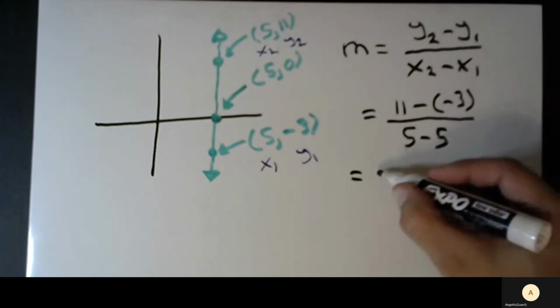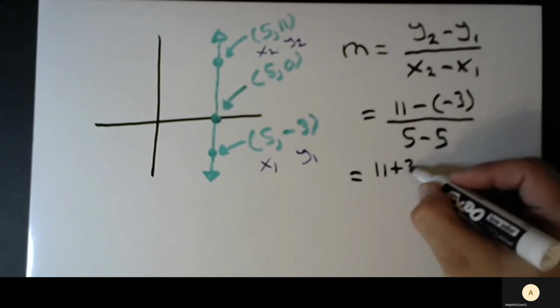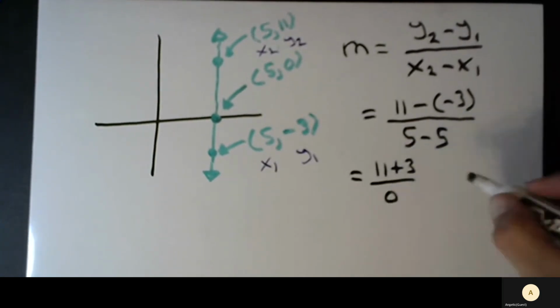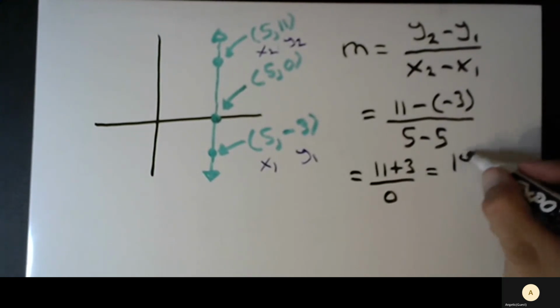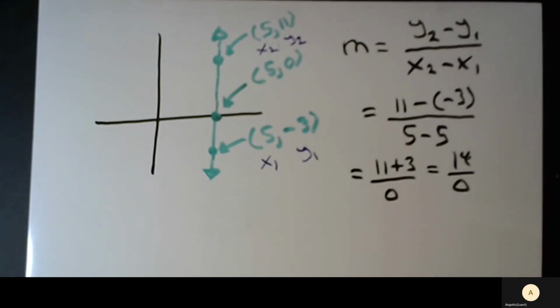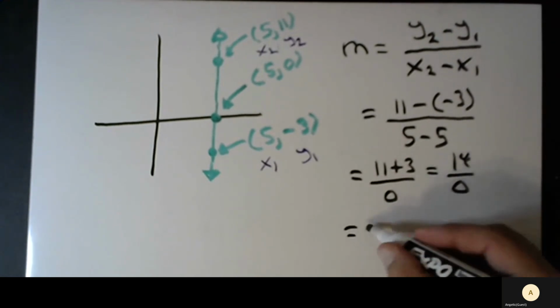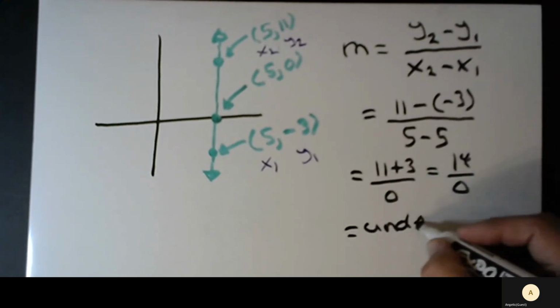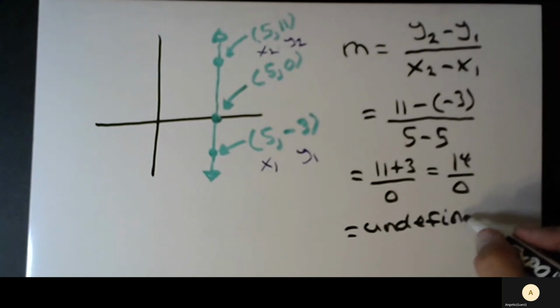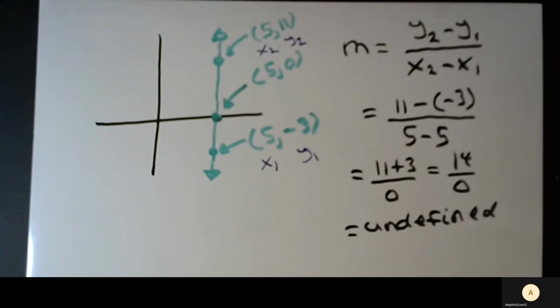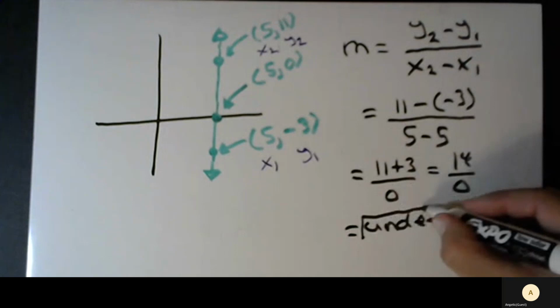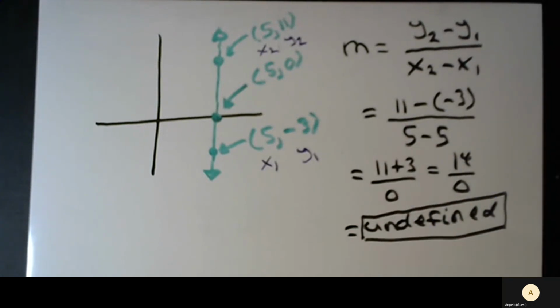Negative and negative becomes positive. 5 minus 5 is 0. And then you get 14 over 0. Now, when you get division by 0, that's going to be undefined. So this is a line. It does exist. But if you try to calculate the slope for it, you'll get division by 0 and it's undefined. So that's why that happens.